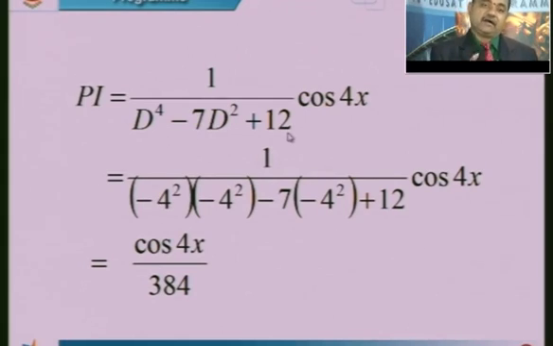It says very clearly that D square should be replaced by minus b square. There is no substitution for D. So in my inverse differential operator I don't have any D at all. Simplify this, we get cos 4x by 384.